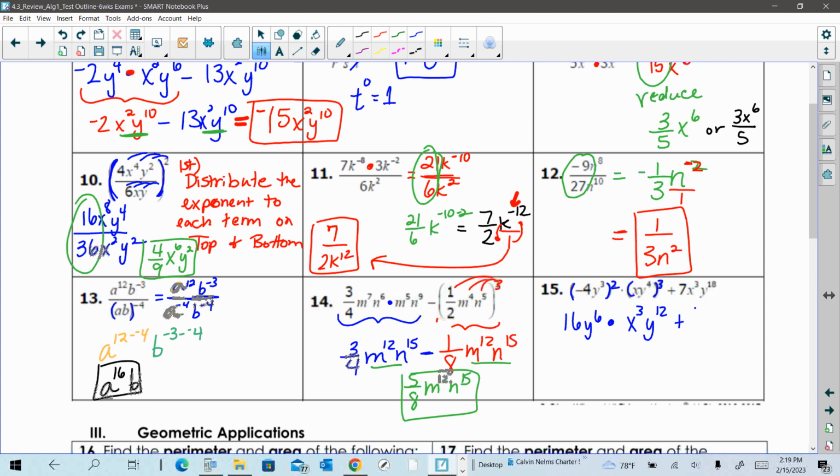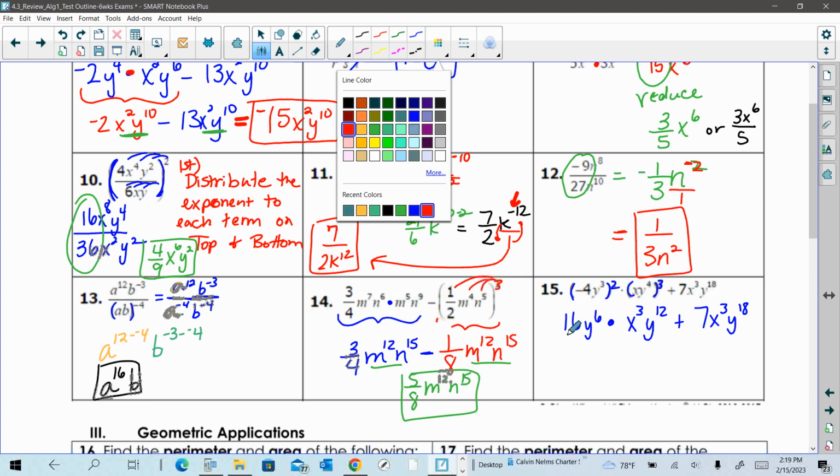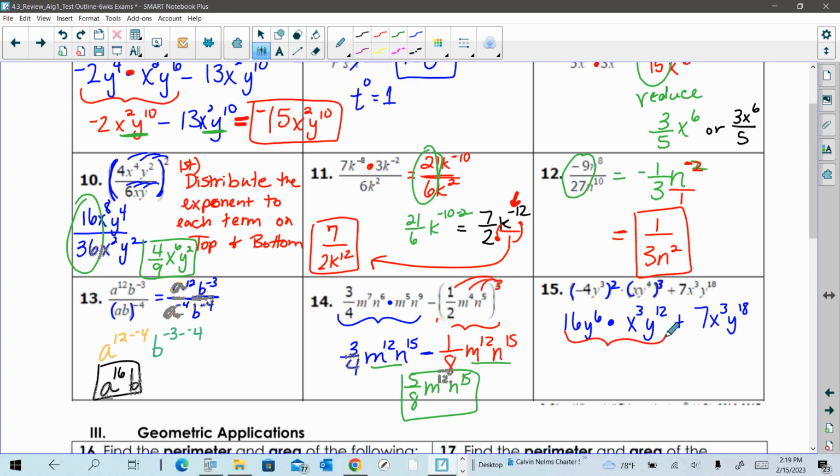Then we're going to add that to 7x to the 3rd, y to the 18th. So from here, we should be doing the product rule. Multiplication goes before addition. So this simplifies to 16x to the 3rd, y to the 18th. And that can be added to that 7x to the 3rd, y to the 18th.